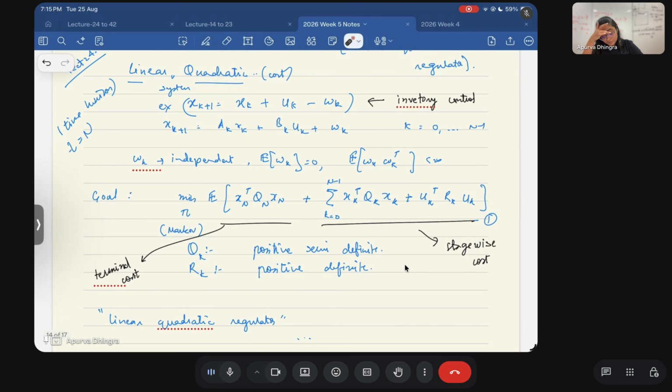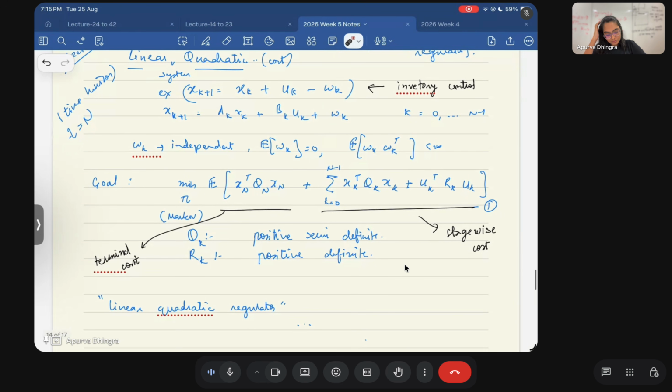The terminal cost just depends on the terminal state x_N, and the stage-wise cost depends on x_k and u_k. The next states would have dynamics, and hence that's where this w will be internally.